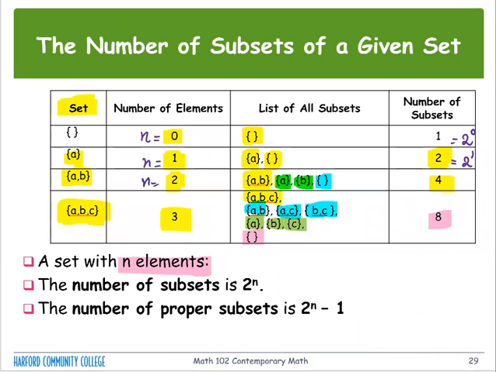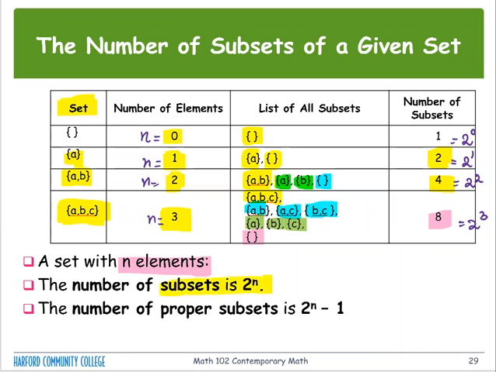For n equals 2, the number of subsets equals 2 to the power 2. For n equals 3, the number of subsets is 2 to the power 3. Then we can summarize: if the set has n elements, the number of subsets is 2 to the power n.